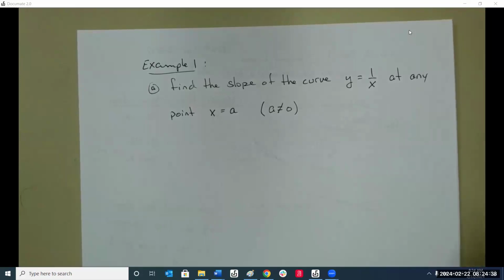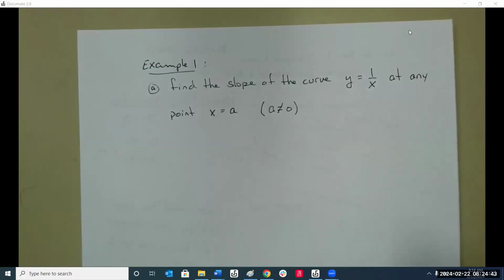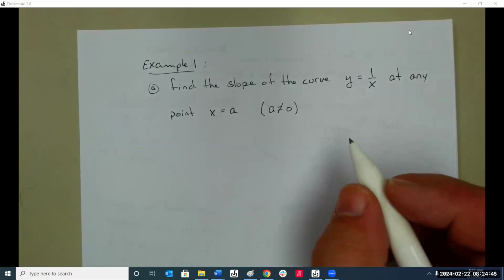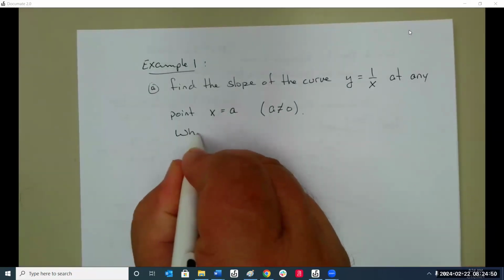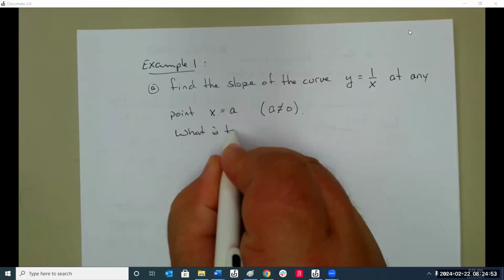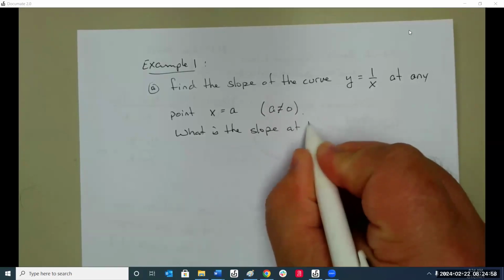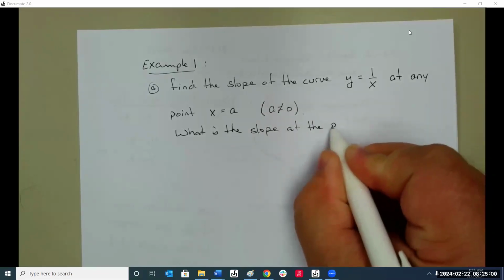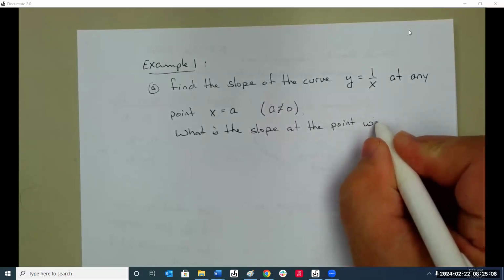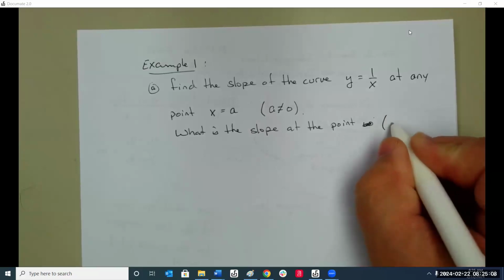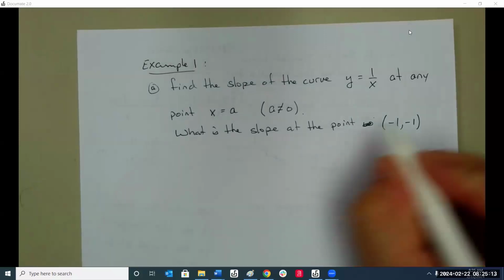Where was I? Find the slope of the curve y equals 1/x at any point P as x equals a. What is the slope at the point -1, -1? That's the first one.